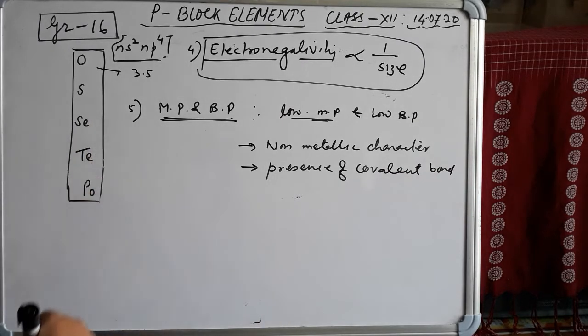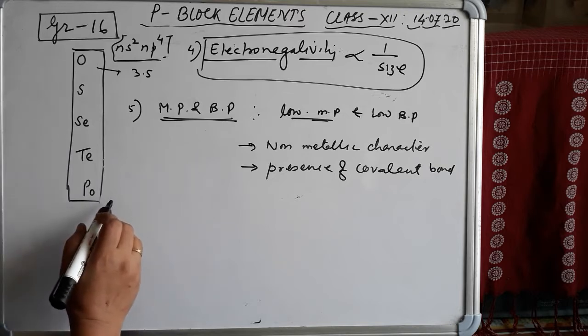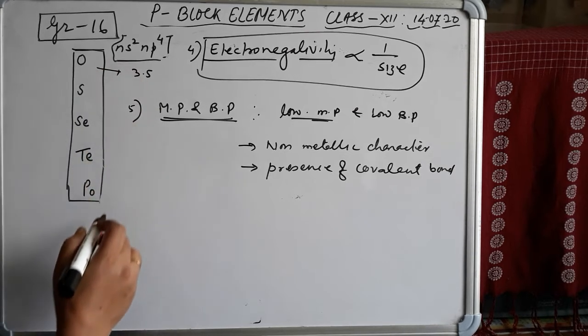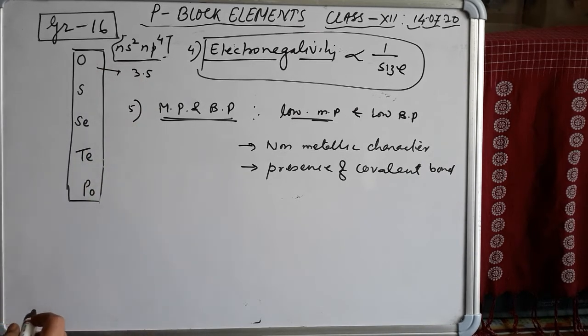When we move down the group, the magnitude of van der Waals forces of attraction increases, which are linked with atomic or molecular size. As we move top to bottom, boiling point increases, and this is the general characteristic.